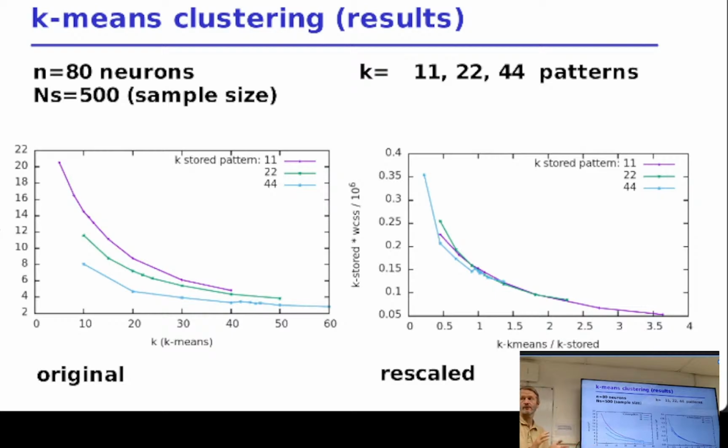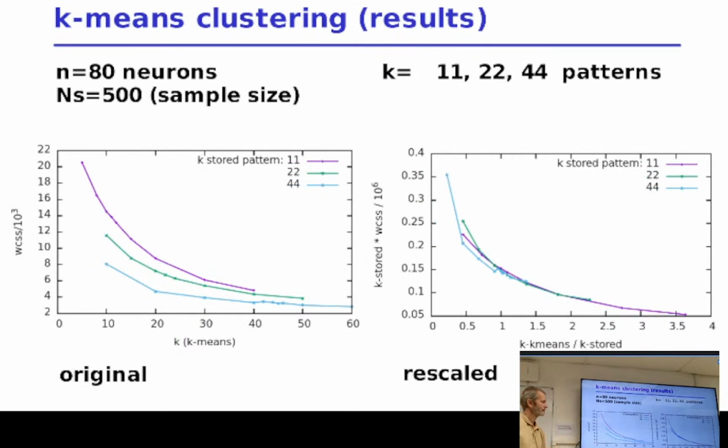If you don't know how many clusters would be appropriate, you expect that first there is a steep drop and then it's slowing down the drop. That's called the elbow plot, right? Where the steep drop goes over into a slower drop. This would be a good estimate for the number of clusters to use.